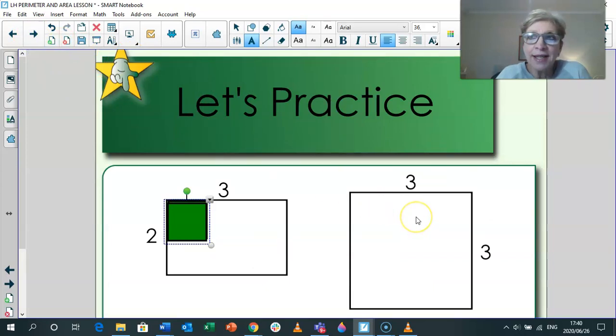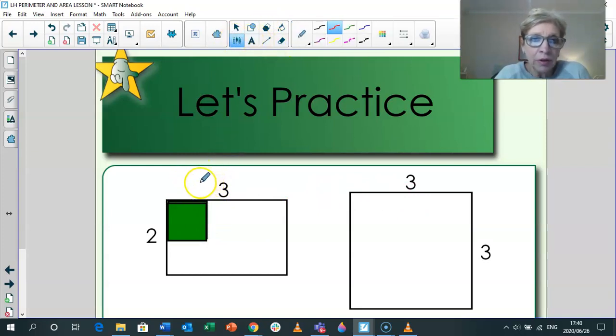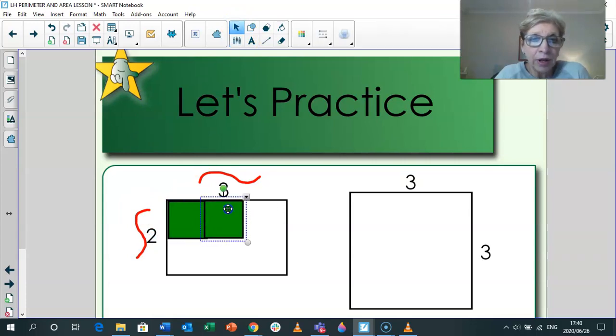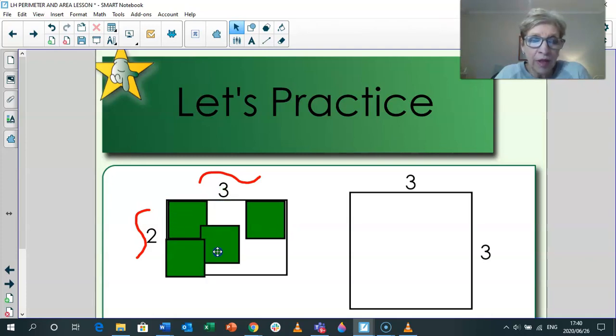Right, let's practice a little bit, shall we? Okay, so here is a rectangle, let's say it's 3 centimeters by 2 centimeters. We are going to cover this rectangle with our squares.